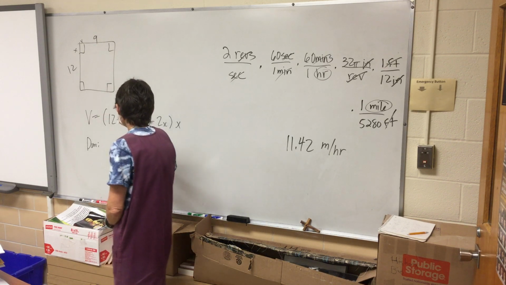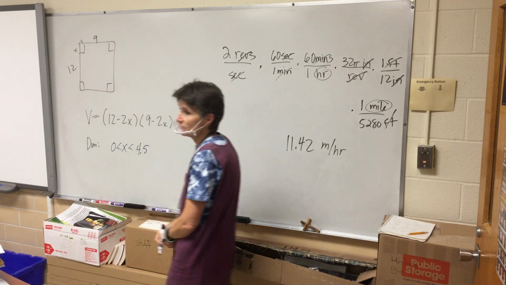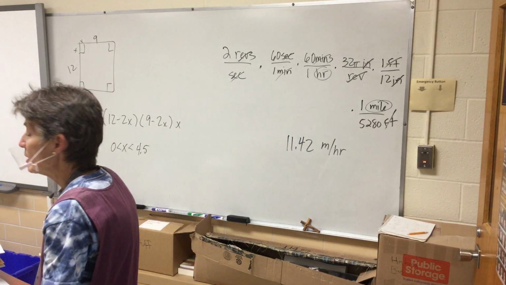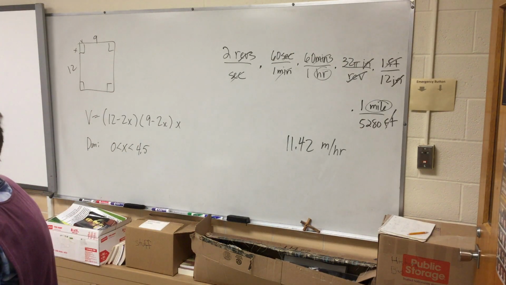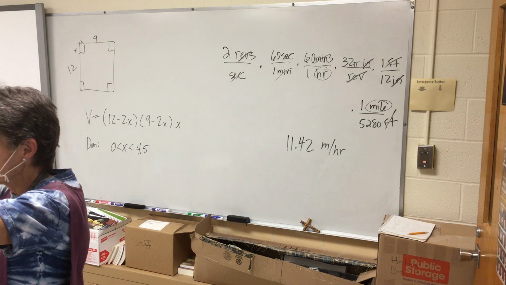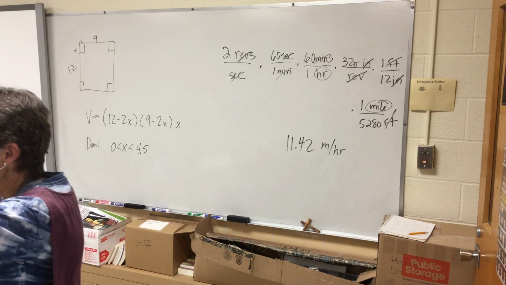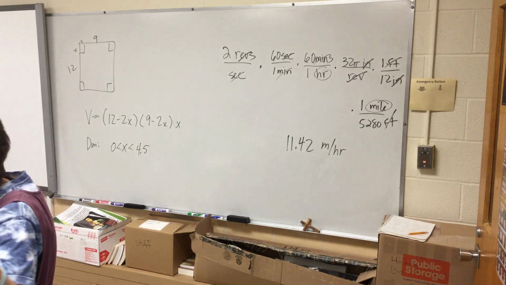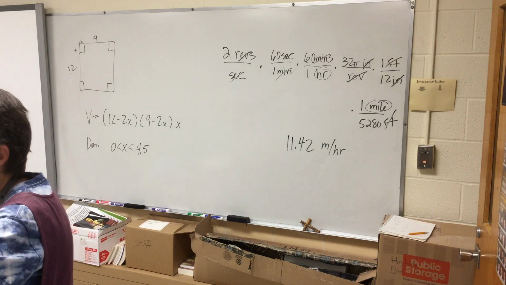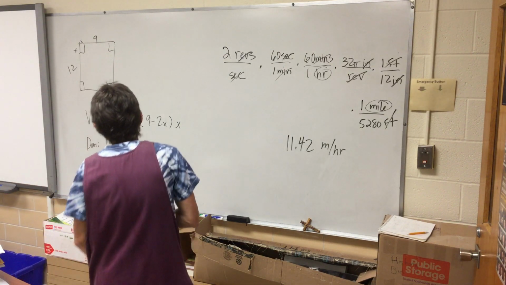4.5. Why is the biggest it can be 4.5? Somebody explain it. Half of 9. Why am I doing half of 9? Because I'm taking a piece off each side, right? And if it's only 9, I can't take off 18 from each side or something, right? 4.5's it. That's as big as it gets.